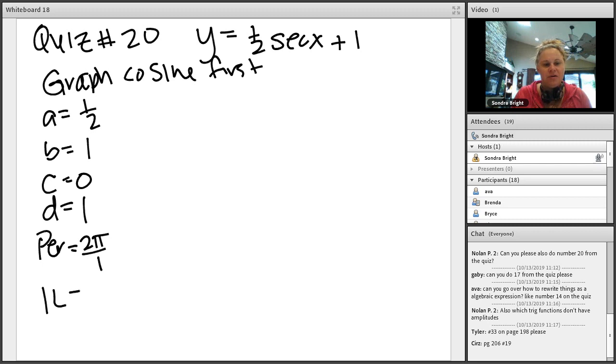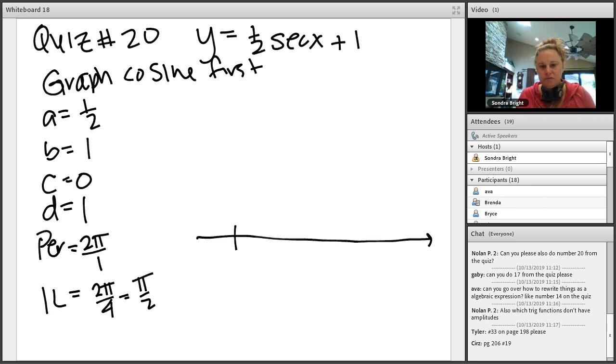So then the increment length will be 2 pi over 4, which is pi over 2. We have to shift up one. Your c is 0, and increment length pi over 2. So pi over 2, and then that would be pi, 3 pi over 2, and then 2 pi.